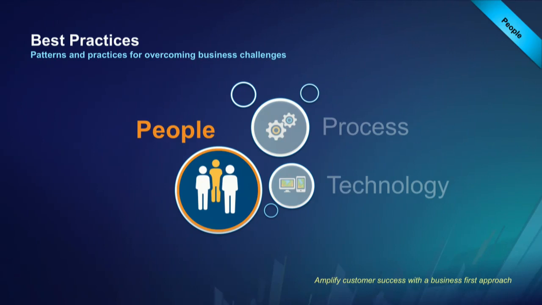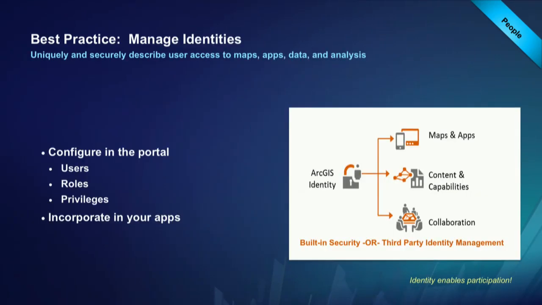So here are some best practices that are related to people. Starting with manage identities. Identity information is used to uniquely and securely describe your users and their access to things like maps, apps, data, and analytical capability within your ArcGIS platforms.